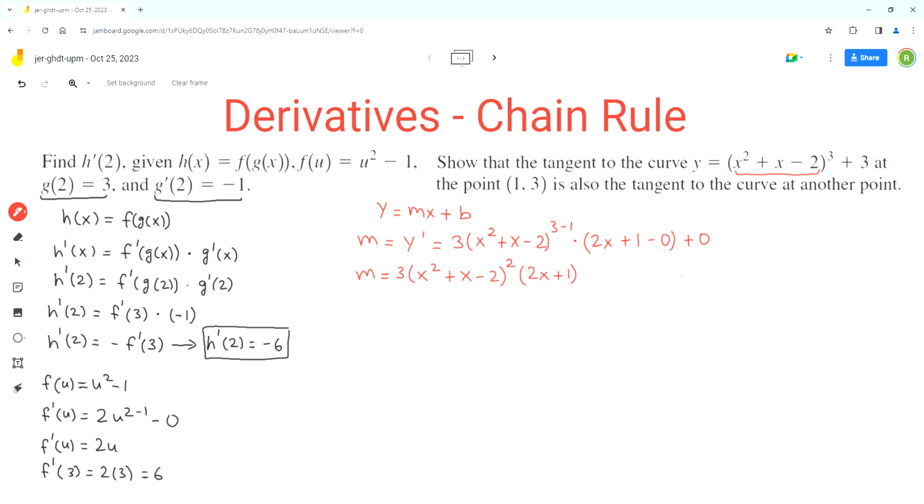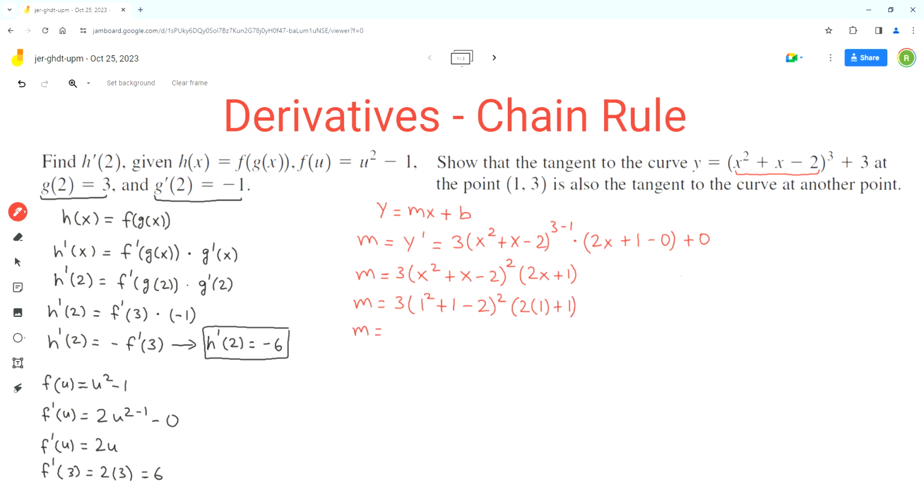So we should sub in x as 1 in this expression to find the value of the slope of the tangent. So we get 3 times (1 squared plus 1 minus 2) squared, times (2 times 1 plus 1).